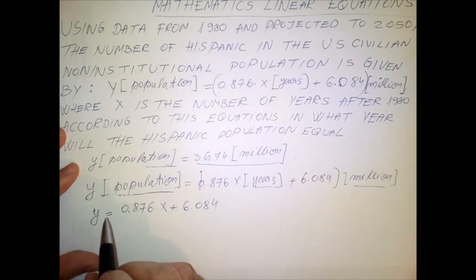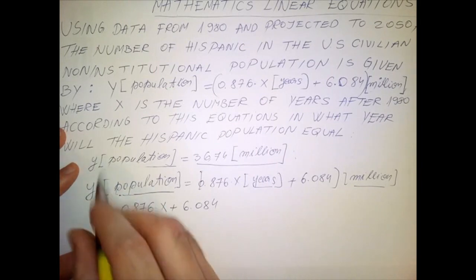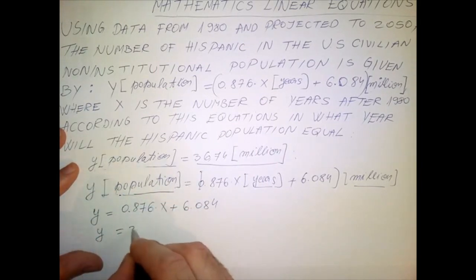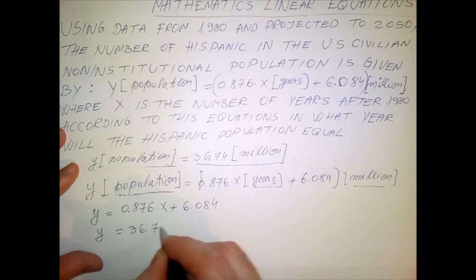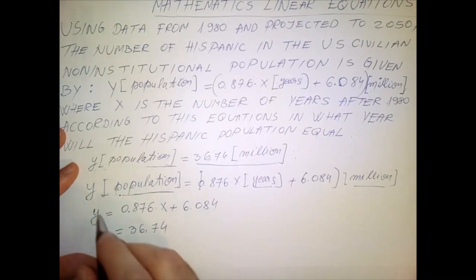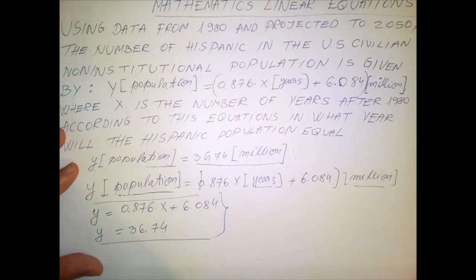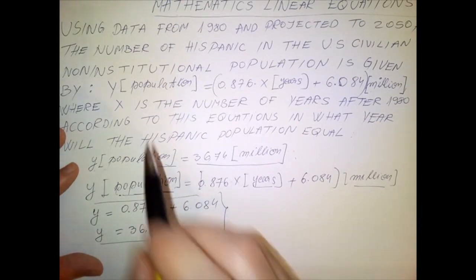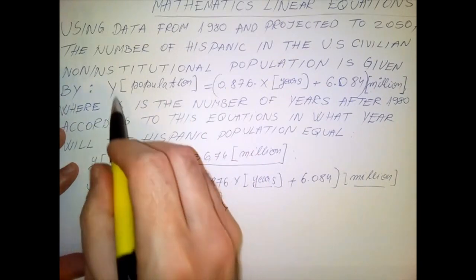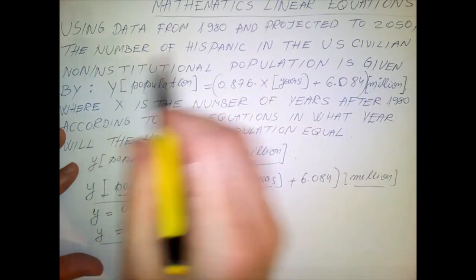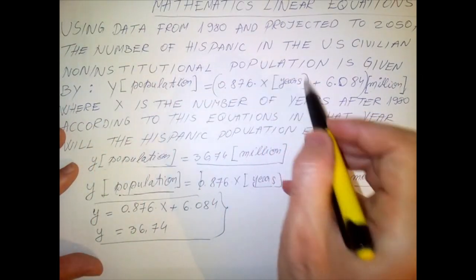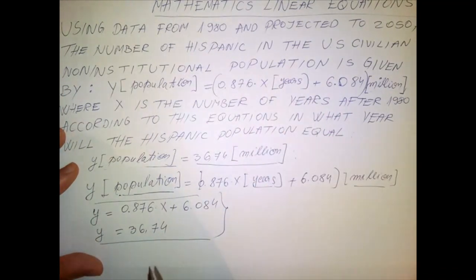Now we must substitute Y is equal, just to explain what we are doing. In these equations, Y is the population, X is the number of years.